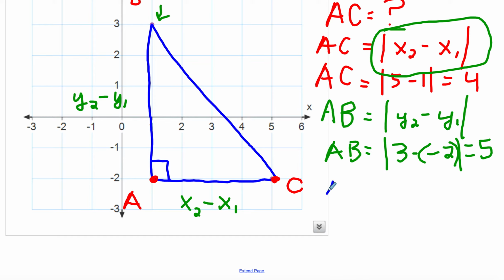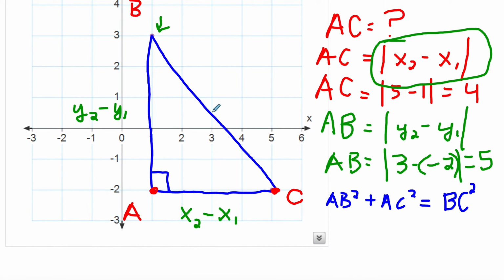I'll write it right here: AB squared plus AC squared equals BC squared. That is just by definition the Pythagorean theorem. And if I knew these values, I could plug in and find that. We know that AC is 4 and AB is 5, so we could plug those in and find what BC is if we wanted to.